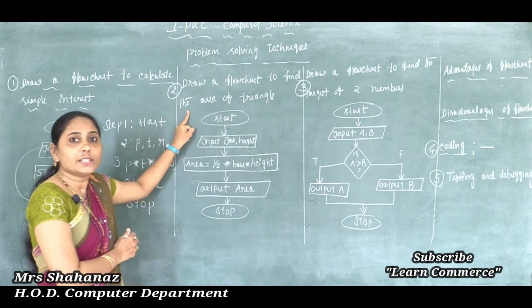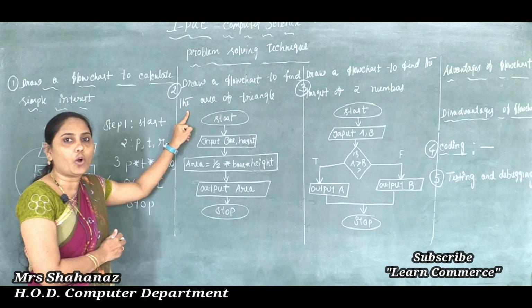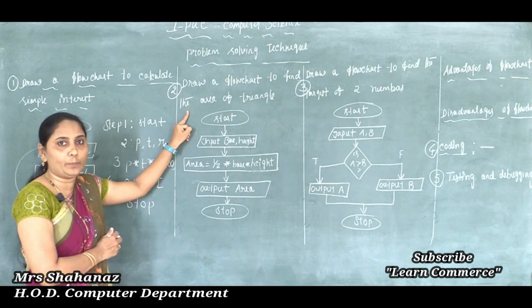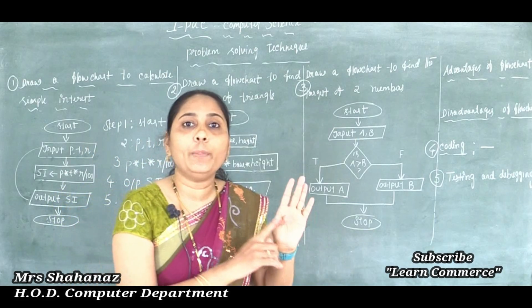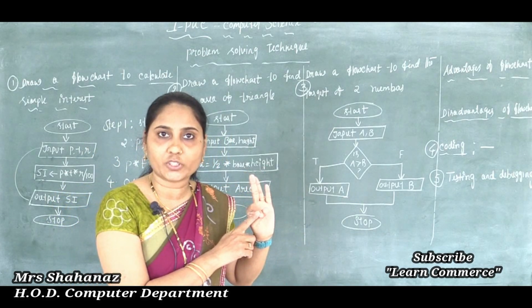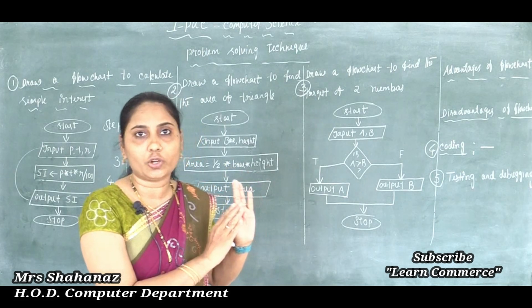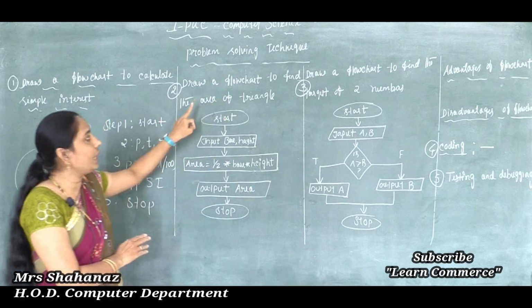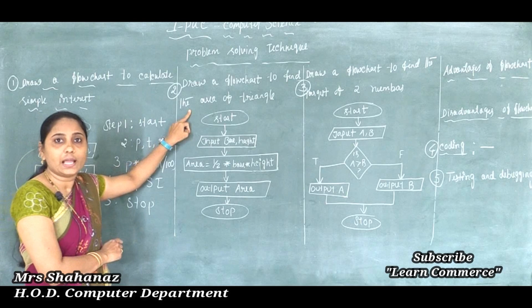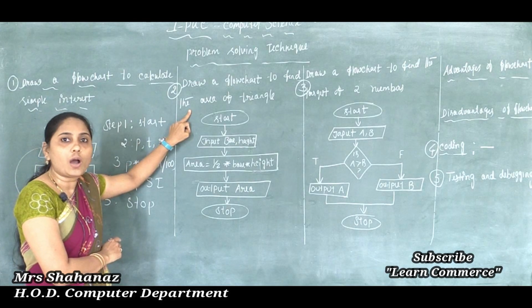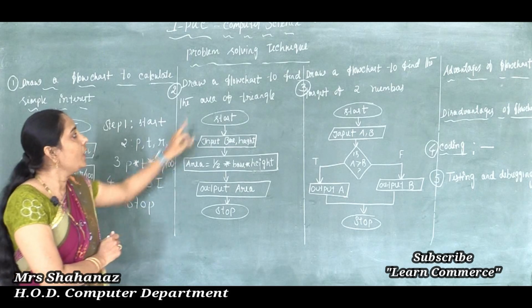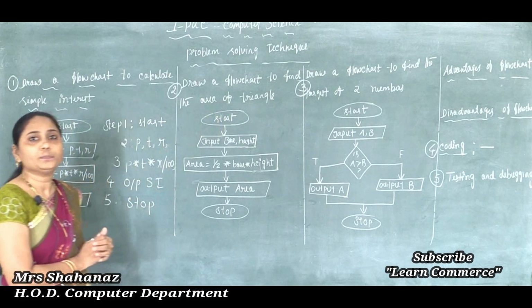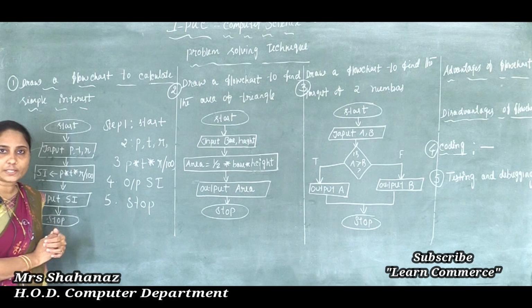To find the area of a triangle, we need to input the variables, the base and the height. The calculation is area equals half into base into height. This is the calculation to find the area of a triangle. Clear this point here?